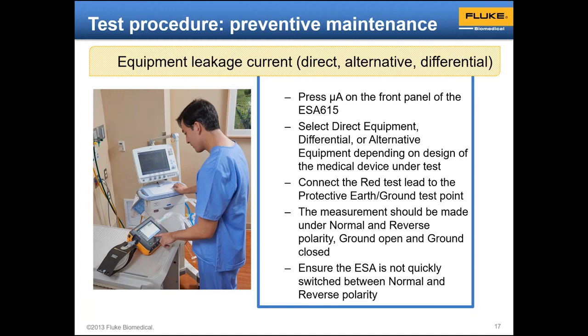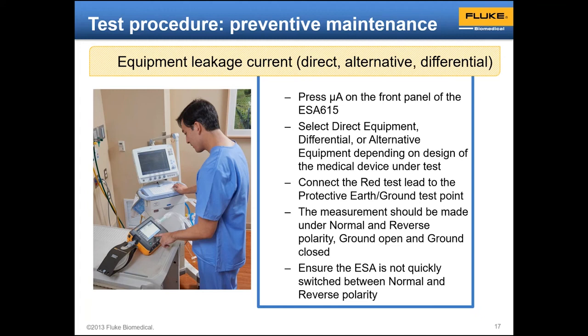What we want is a worst case condition, so we will measure AC plus DC on the electrical safety analyzer. We could look at each one individually, but we want to see the worst case leakage, which would be the combined leakage of both DC and AC values. So we're going to be looking at that value in microamperes on the display screen of the electrical safety analyzer.